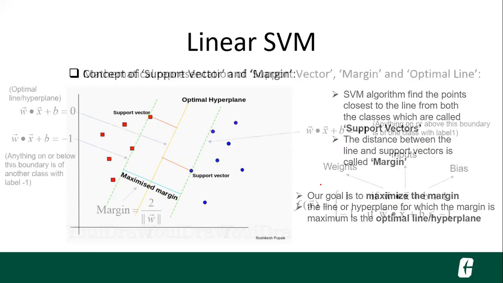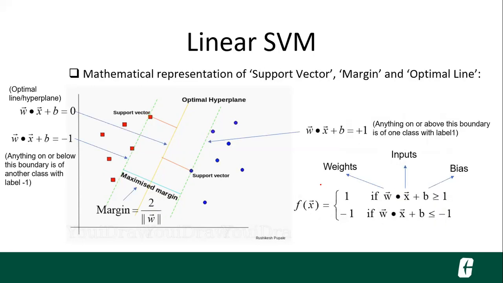Now, let's try to understand this in a mathematical representation of support vector, margin, and optimal line. As you can see here, this equation represents the linear model, which can be described as follows. If W transpose X plus B is equal to plus 1, then we can say that anything on or above this boundary line is of one class with label 1.